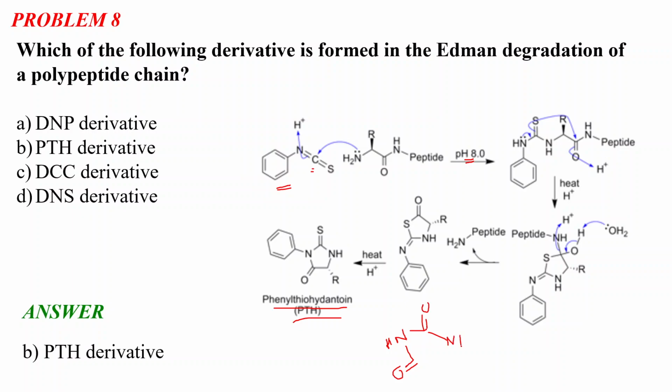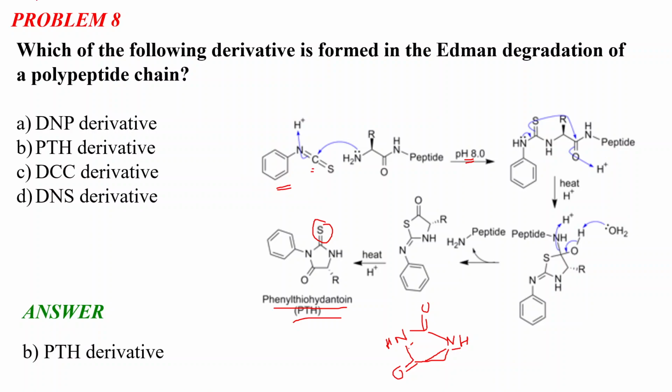Hydantoin is basically a 5-member ring, which has an NH, a carbonyl group, again an NH, and again a carbonyl group. It is called thiohydantoin because we have a sulfur in place of an oxygen, and phenyl because we have a phenyl group here in place of a hydrogen. So it is called the phenyl thiohydantoin derivative.